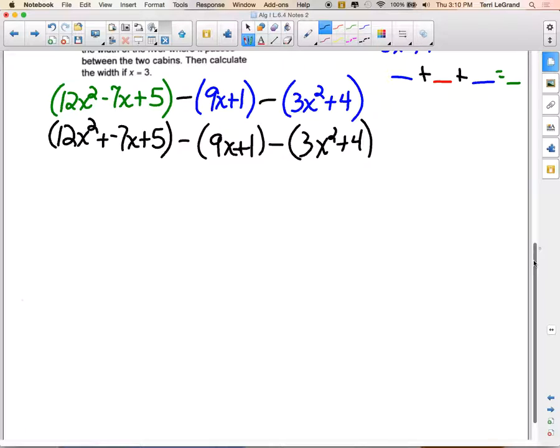Okay, now we're going to start ditching the parentheses. We don't have to do anything to ditch the first set of parentheses because it starts the problem out. We're supposed to subtract 9x plus 1. So that would be the same as adding a negative 9x plus a negative 1. Both of those have to change to their opposites, right?